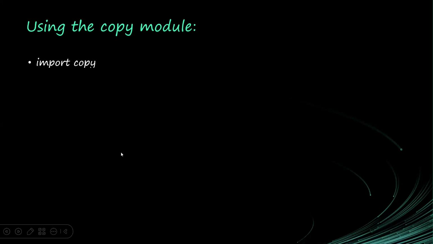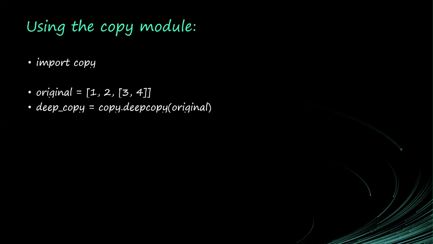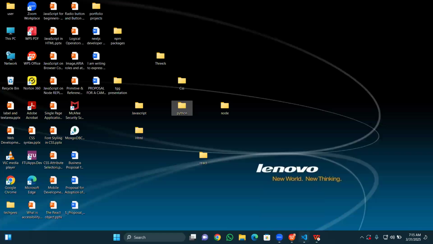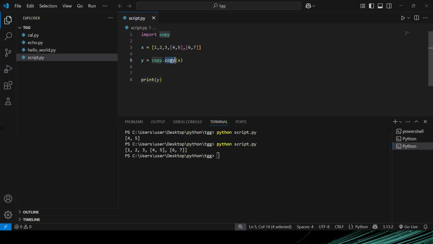So if you want to make a deep copy, you are actually going to use the deepcopy method from the copy module. When you do something like this, instead of using copy here, I'm going to say deepcopy.